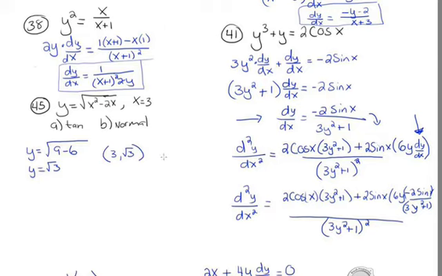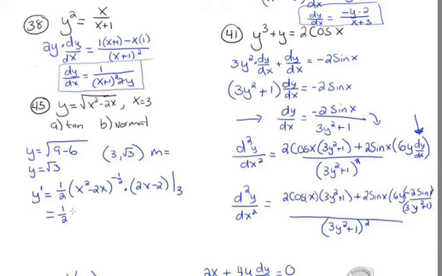And then I simply need the slope to go with it. So I'm going to find the derivative, and then it'll be a chain rule. So I get 1/2 times x squared minus 2x to the negative 1/2 times the derivative, which would be 2x minus 2. I could clean this up, but I'm just going to plug in the 3 and see where we go from there.